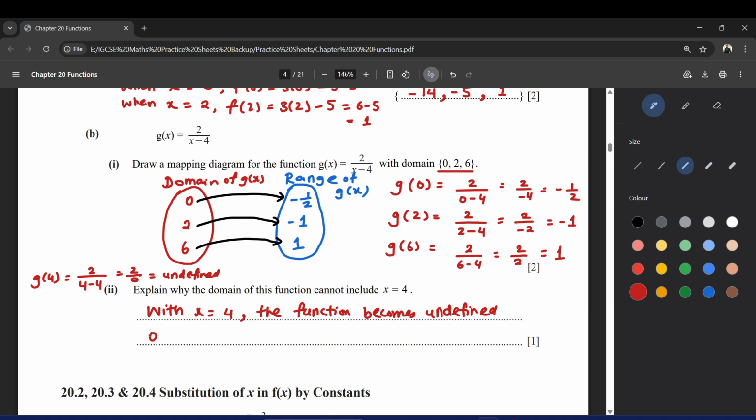You can say that, or you can also say that with x equal to 4, the denominator becomes 0. So you can write either one of these statements. We can say with x equal to 4 the function becomes undefined, or we can say that with x equal to 4 the denominator becomes 0.